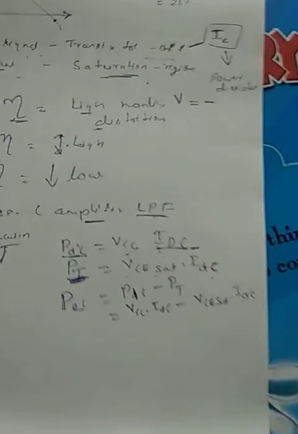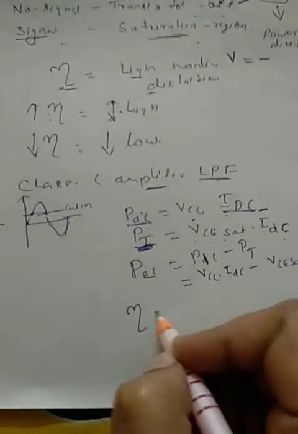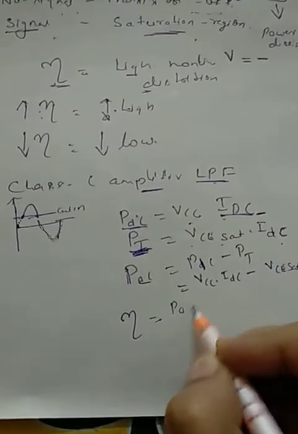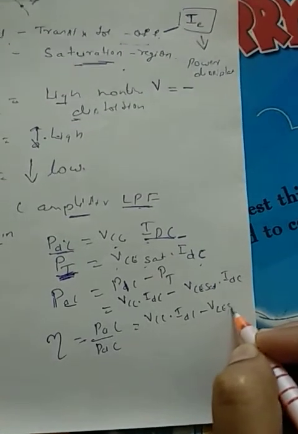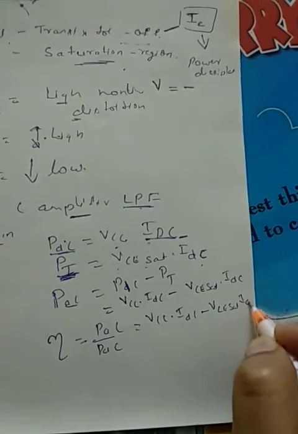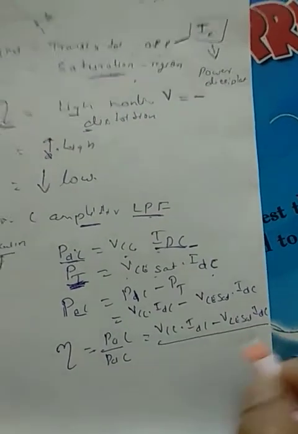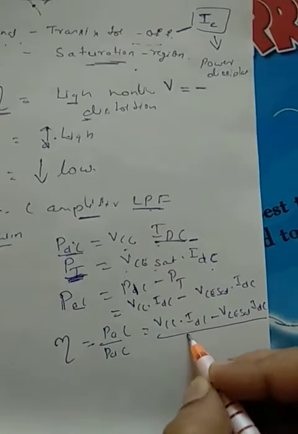Now the efficiency, as we know, eta is equal to PAC divided by PDC. So PAC is VCC into IDC minus VCE saturation into IDC, divided by PDC.